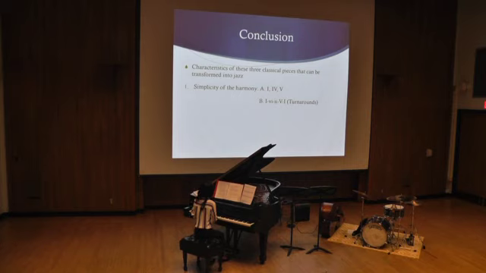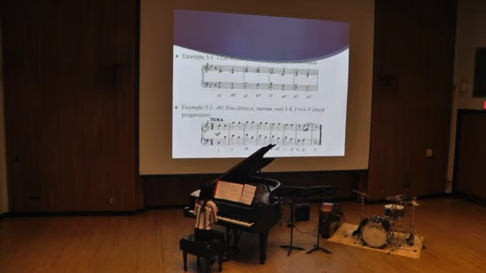And then there's a 1-6-2-5 turnaround that I found very interesting in Mozart's piece. As you can see, 1-6-2-5 is a very common turnaround in jazz. I Got Rhythm is one of the very important pieces that many jazz standards use this chord progression for as a contrafact.